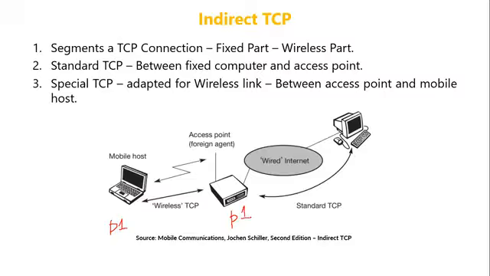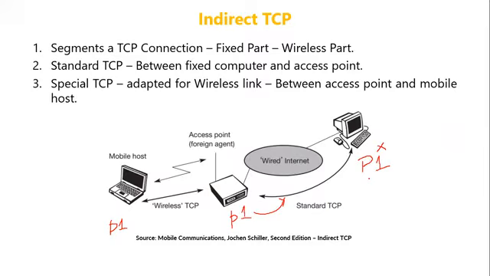Then it has transmitted the packet to the correspondent node, but during this transmission, the packet has been lost. Now the access point itself will retransmit this packet because it maintains a buffer and stores it. And the mobile host does not know anything about the missing of this packet.